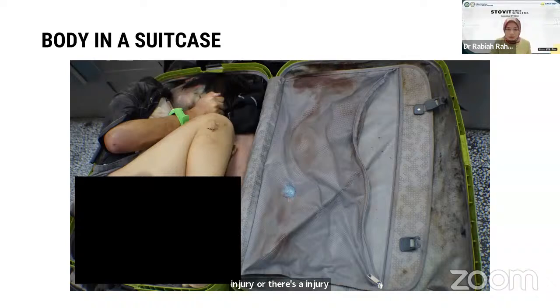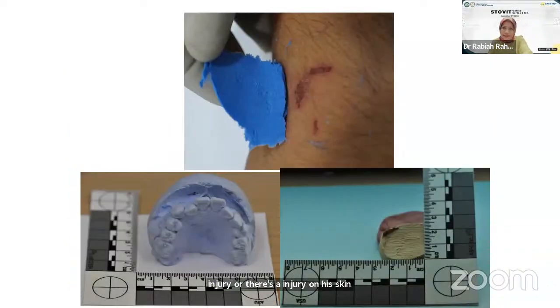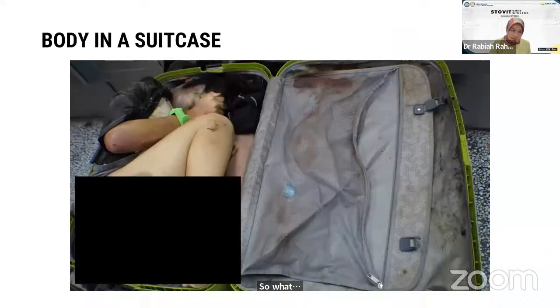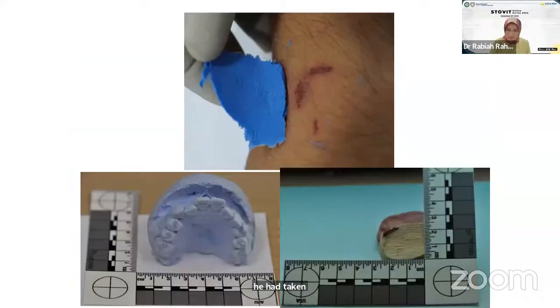So this was his skin. A forensic odontologist was called and analysis was done. What the forensic odontologist did was take impressions of the victim.